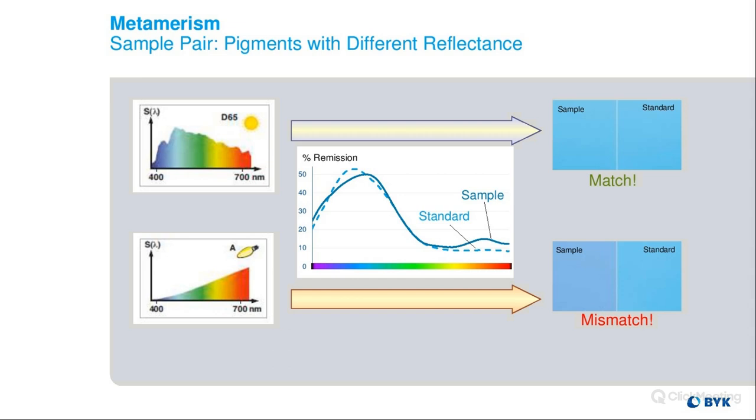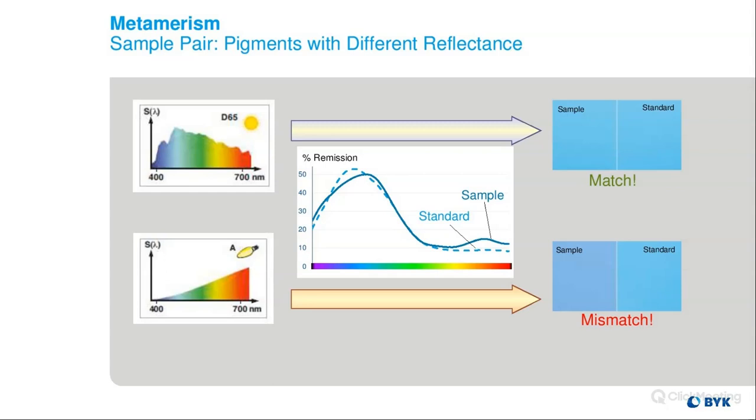So why do we have these different illuminants? One of the most important things in a lot of manufacturing is making sure that samples match their standards under different light sources. So if you ran into the case where, say, you had two parts that were supposed to match a standard, but one of the parts is made of a different pigment or a different formulation, what you'll find is that when you shine the D65 light on both of the samples, you'll find a match.